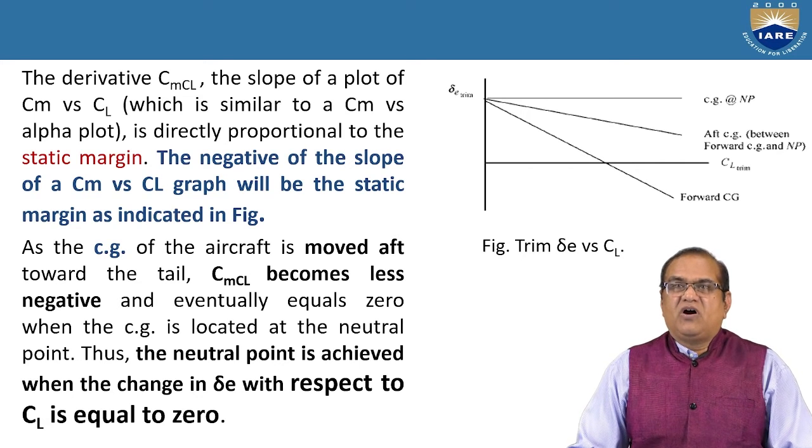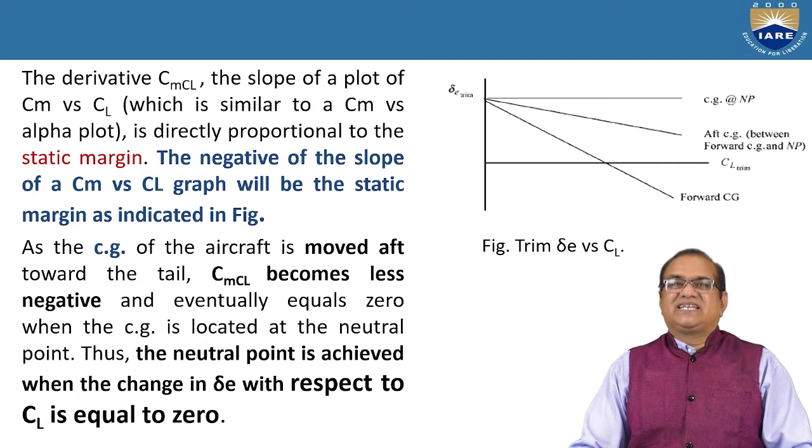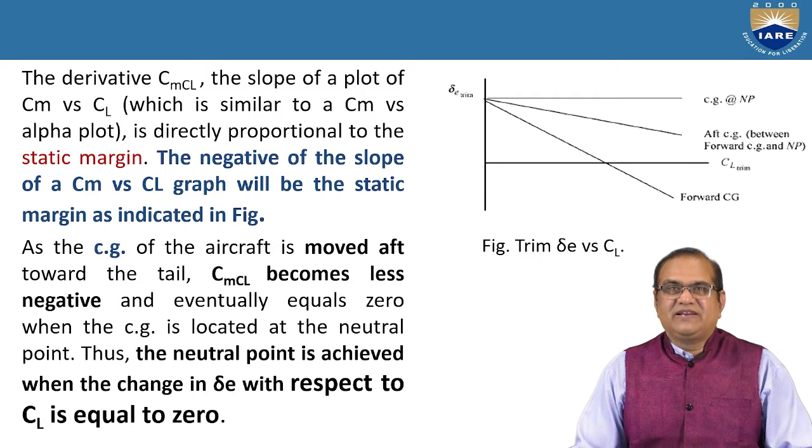The negative of the slope of a CM versus CL graph will be the static margin, as indicated in the figure which I have shown earlier.